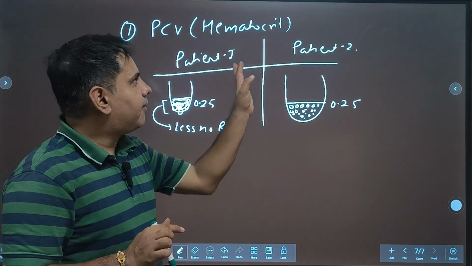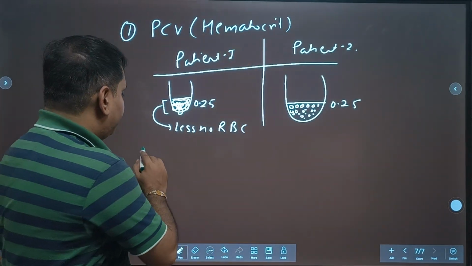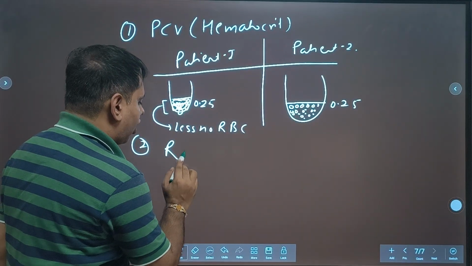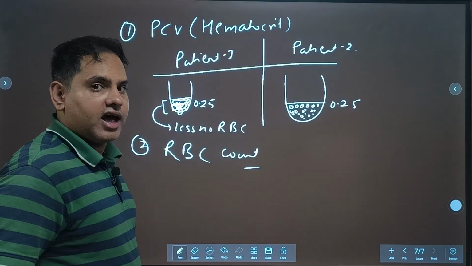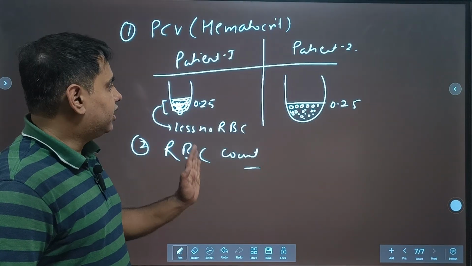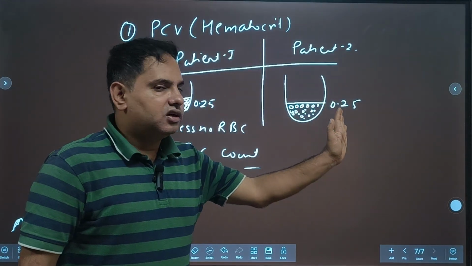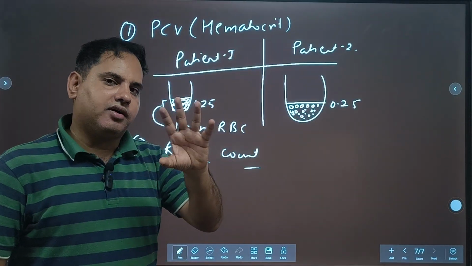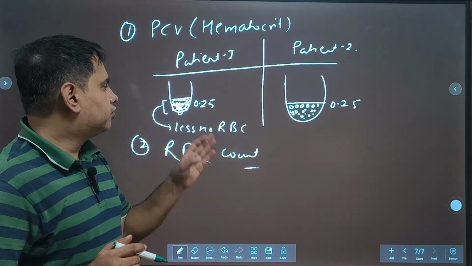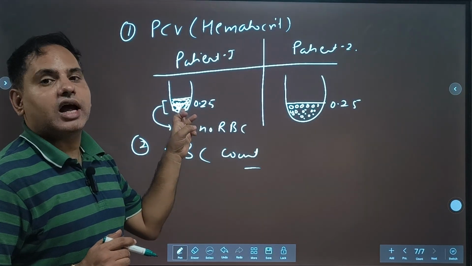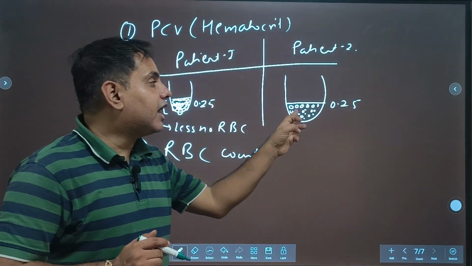So that's why after this hematocrit you have to see the RBC count of the patients as well. Why is RBC count important? क्योंकि हो सकता है दोनों patients का packed cell volume same है, but their number can be different. RBC number can be different because, for example, this patient is macrocytic anemic, this is microcytic.